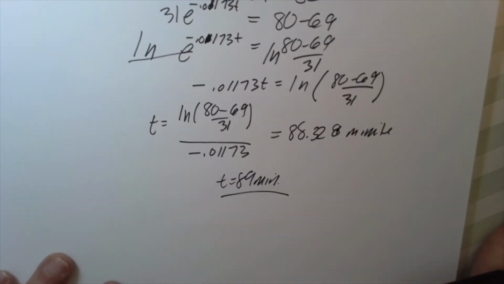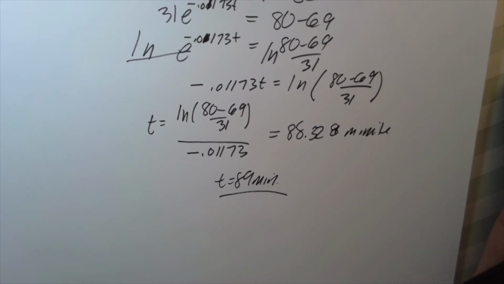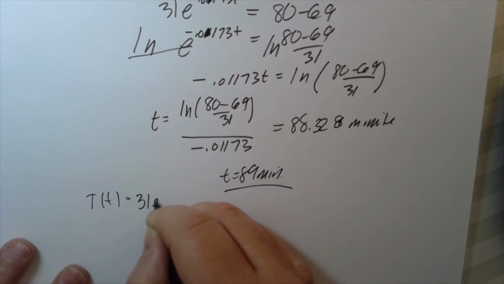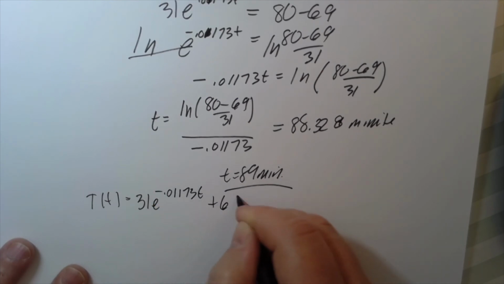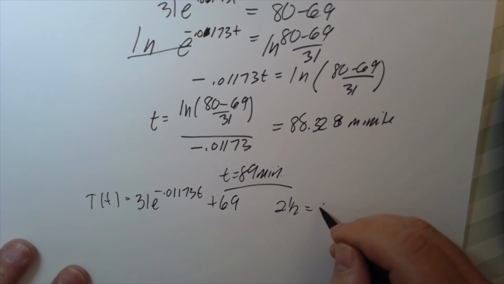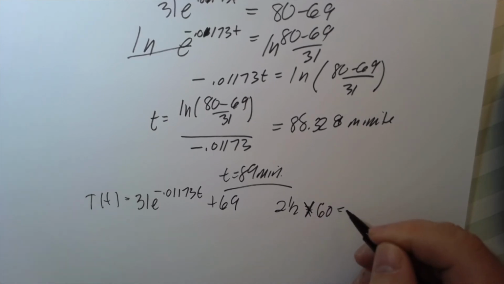Now the last question is, to the nearest degree, what temperature after 2.5 hours? So we have T is equal to 31 e to the minus 0.01173 t plus 69. 2.5 hours, well, multiply that by 60, because we did this in minutes.